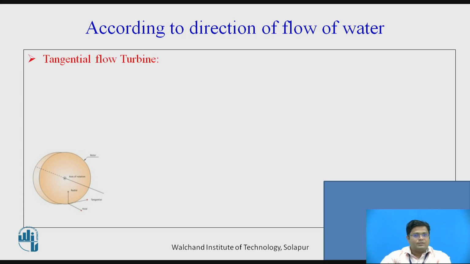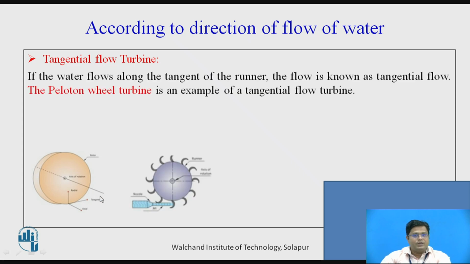So the first one is the tangential flow turbine. If the water flows tangentially to the runner, meaning water touches at one point of the runner and then leaves, then that turbine is called a tangential flow turbine. The example of a tangential flow turbine is the Pelton wheel turbine. Next one is the axial flow turbine.